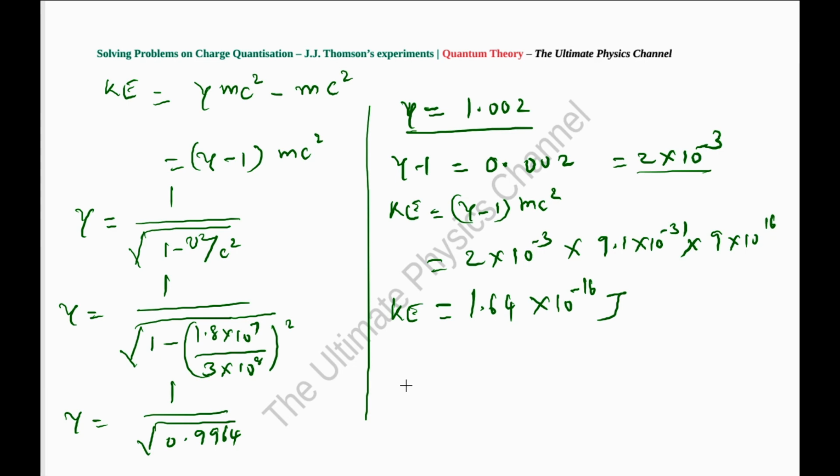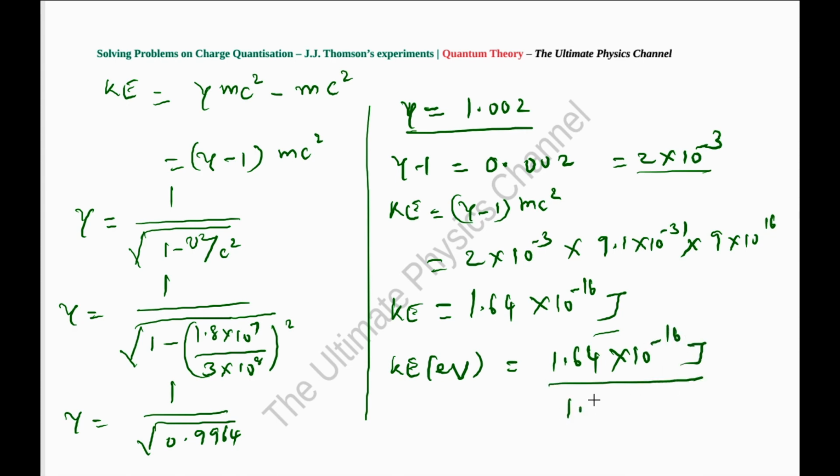So we can convert this into eV because this is in joule units. We can convert that KE into electron volt units. That conversion is done by dividing this particular value in joules by the charge of the electron, which is 1.6 times 10 power minus 19. Now the units will be in eV.